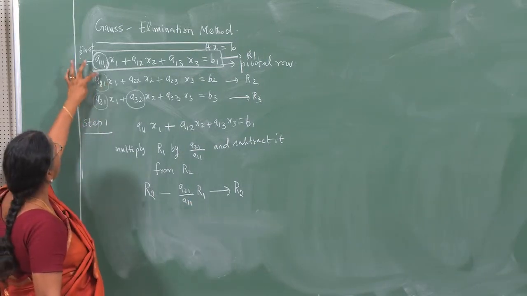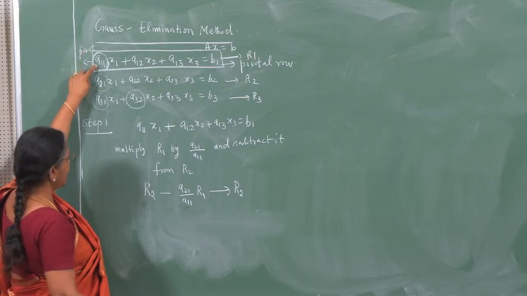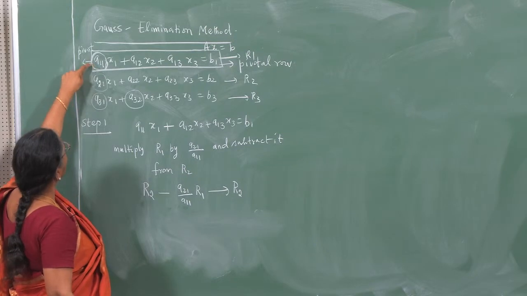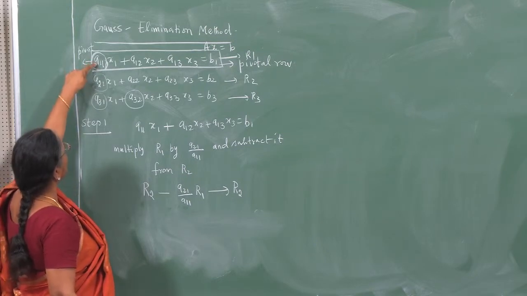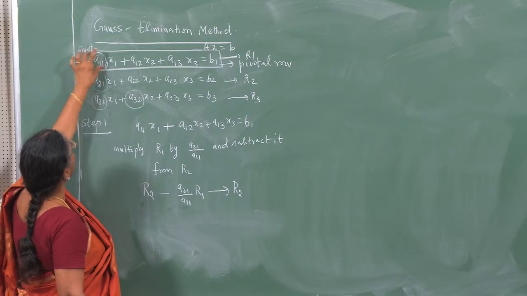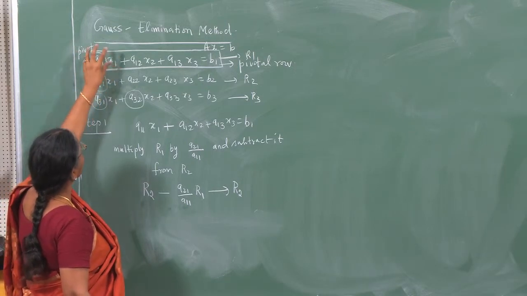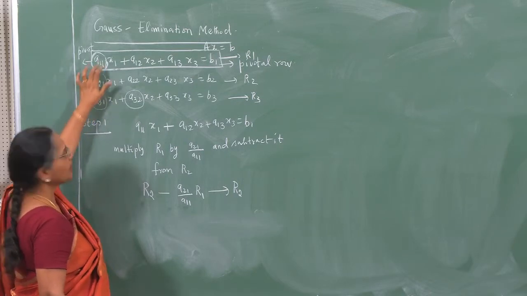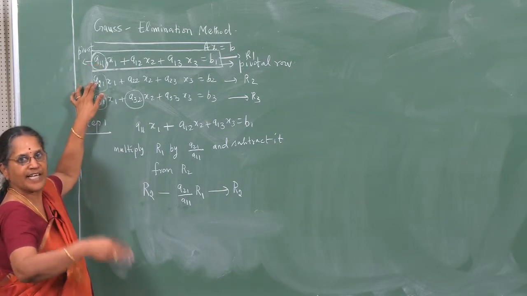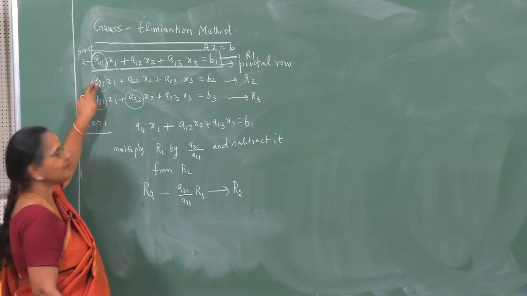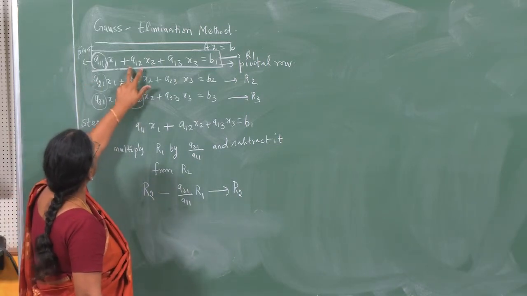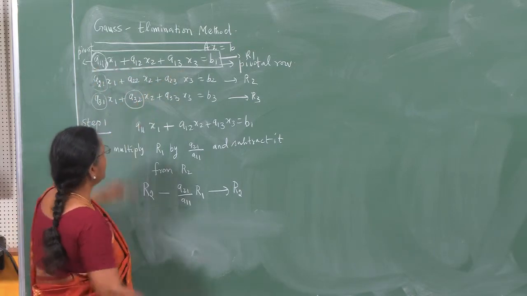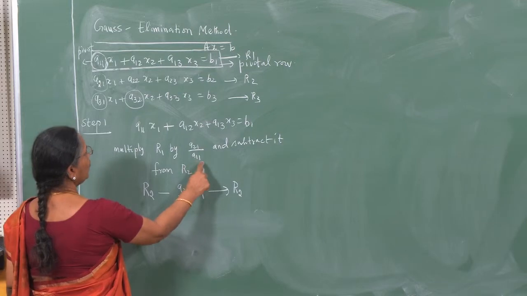Let us see what happens when we multiply the first equation by A21 by A11. This becomes A21 by A11 into A11, so here we will have A21 x1. We are subtracting it from A21 x1, so the coefficient of x1 will be 0 in the new second equation at this step. Let us look at this. We are multiplying the first equation by A21 by A11.